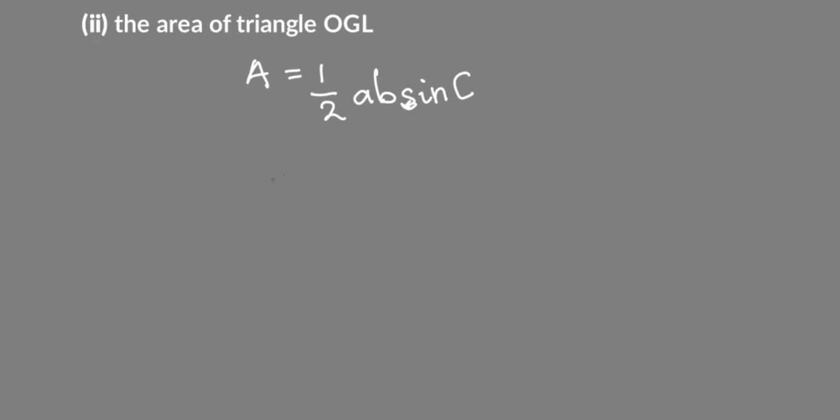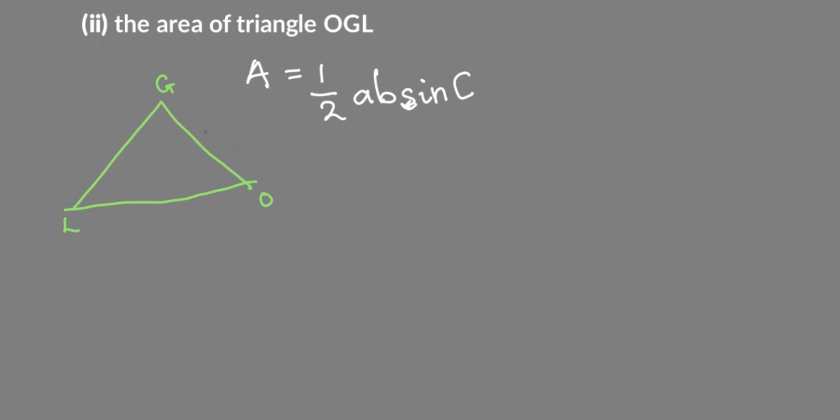From the calculations that we've just done here, in our triangle that we have, triangle OGL, we've got G here, we've got L and O. We've got A and B, and we've got the angle between them, which can be noted by C. So it's very possible that we can find the area of this triangle because we have the two sides, A, B, and the angle between them, which is C. However, we're not going to use these letters A, B, C. We want to use the letters that we have been given.